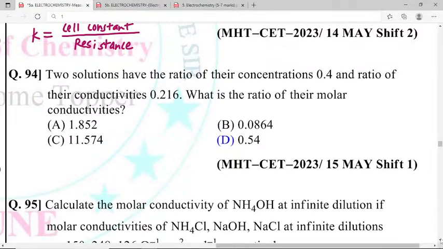We have the ratio of the concentrations of two solutions and the ratio of their conductivities. What is the ratio of their molar conductivities?